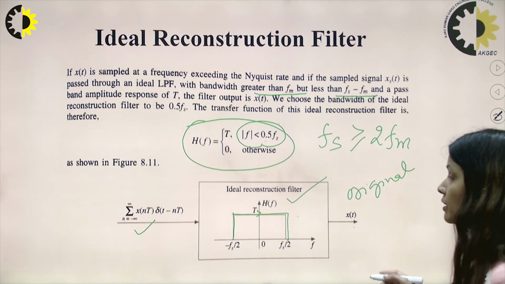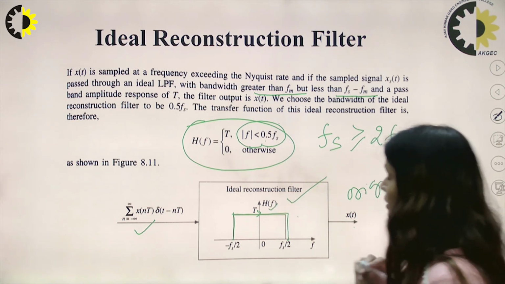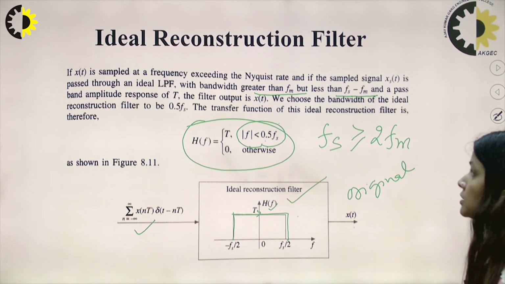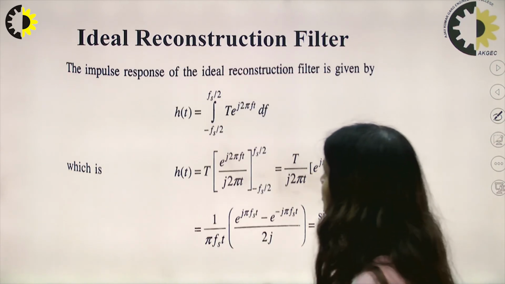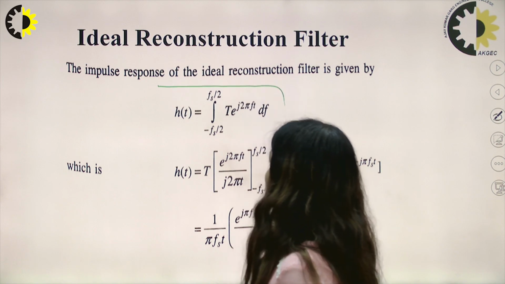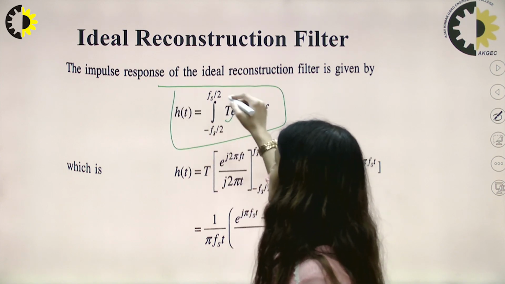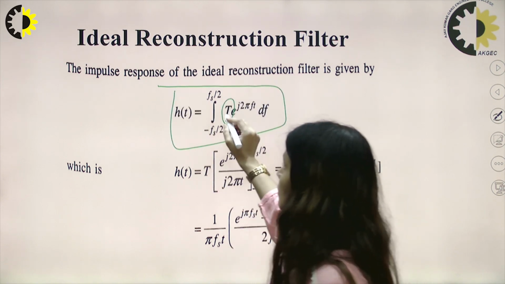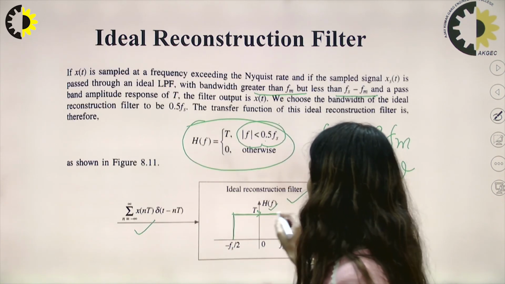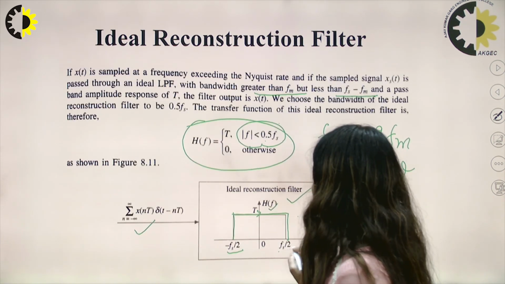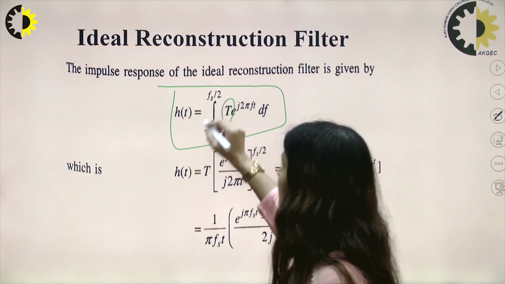Now I will obtain h of t for this. This is the impulse response of the filter. This is the only amplitude. This f is varying from minus Fs by 2 to Fs by 2, so I will put in the limits.